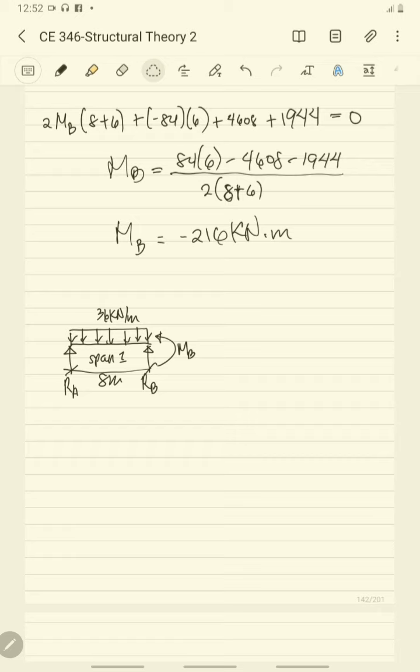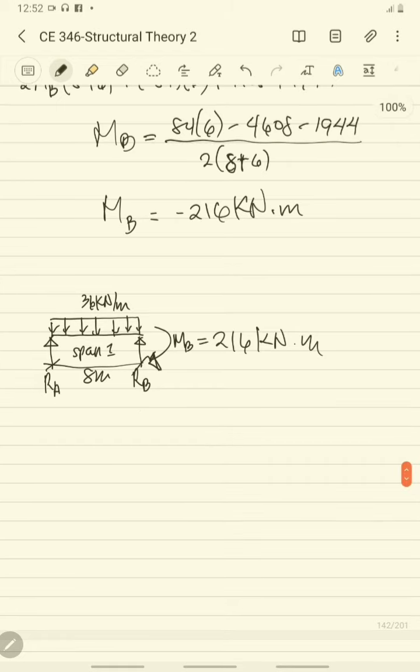Since our moment at B is negative, the assumed direction of the moment at B is not the correct one. So we have to change the direction of our moment at B, so this will be equal to 216 kilonewton meter.